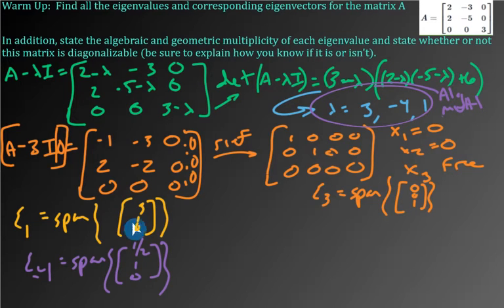And each corresponding eigenspace has geometric multiplicity 1. So you can just note each corresponding geometric multiplicity is 1. And so since those two are equal, then you're going to be able to diagonalize it. That's the reason why you can diagonalize this matrix.